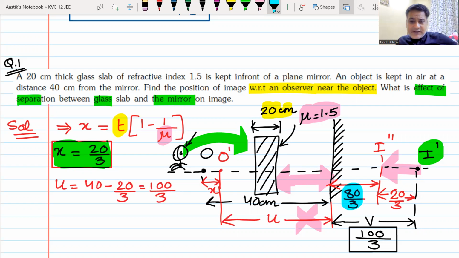Can I have raised hands from everyone in the class that we have understood this? Girls, do you understand the difference? Yes, sir. Okay, note it down.